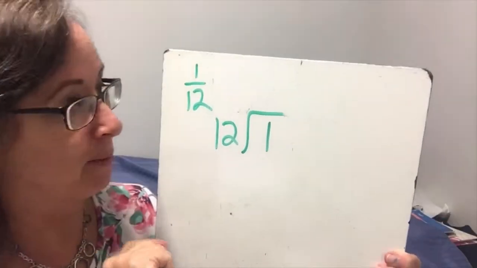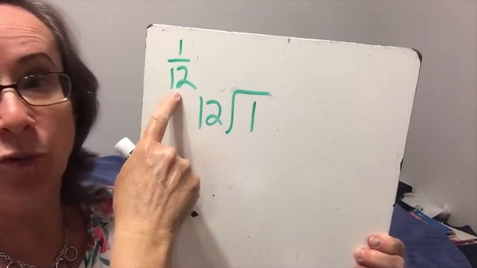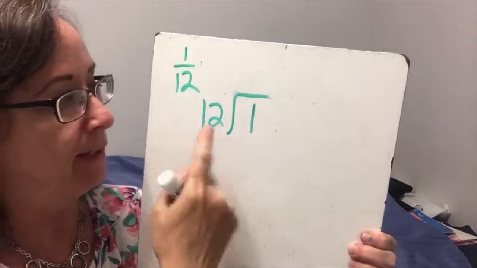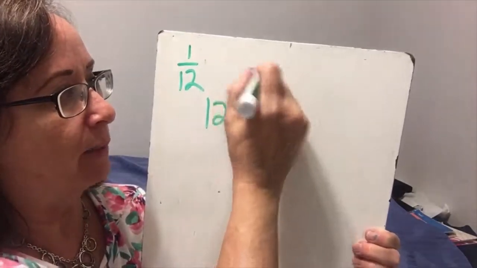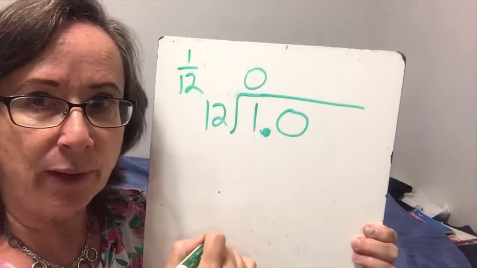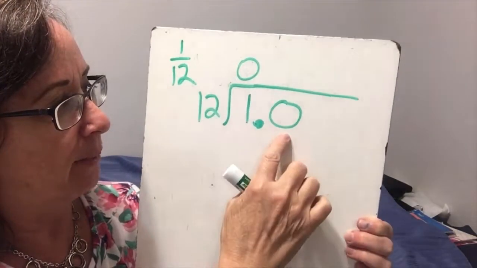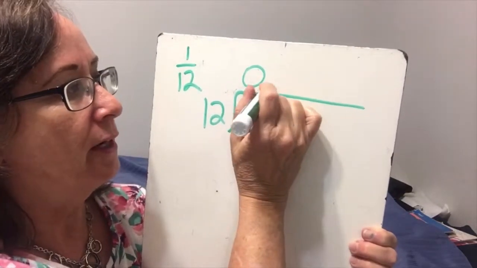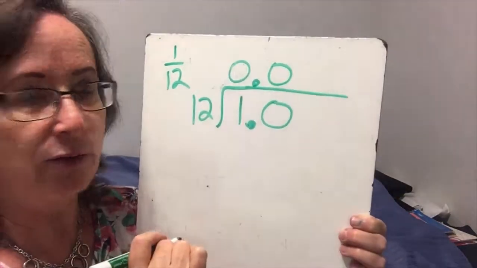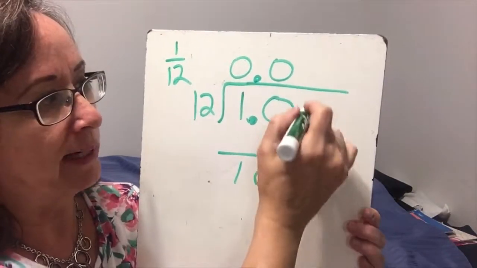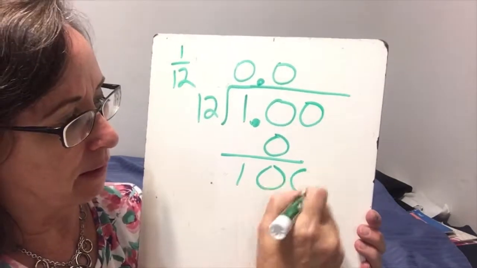Last practice problem for this lesson, we're going to turn 1/12 into a decimal. So we're going to divide 1 by 12, and 12 does not go into 1, so we can put a 0 and we can put our decimal. Go ahead and bring down our 0, add a 0. 12 into 10, well, that doesn't work either. So we're going to go ahead and have another 0. 0 times 12 is 0, and we bring down another 0.